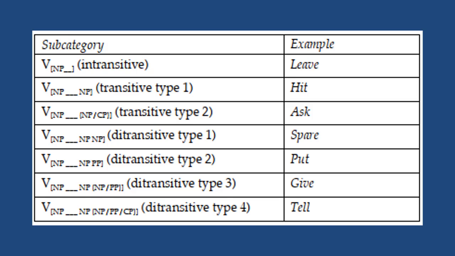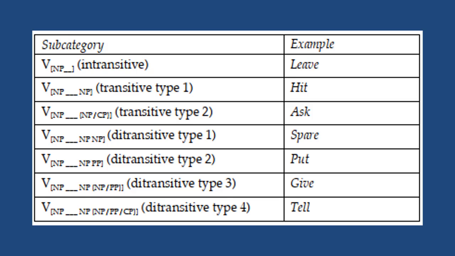Give also requires three arguments: an NP subject and an NP object. We have one NP object and one of the two, so one NP object and another either NP or PP.